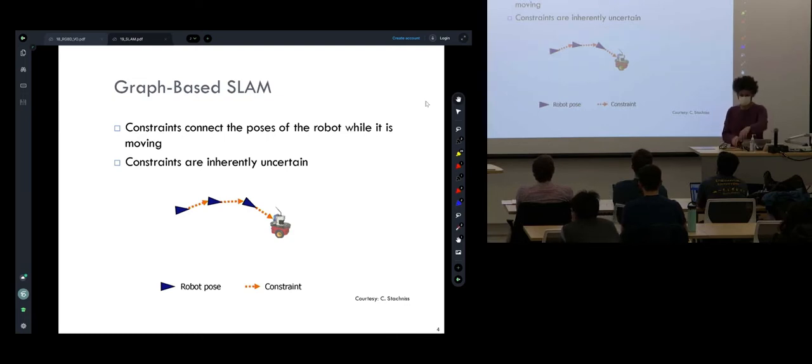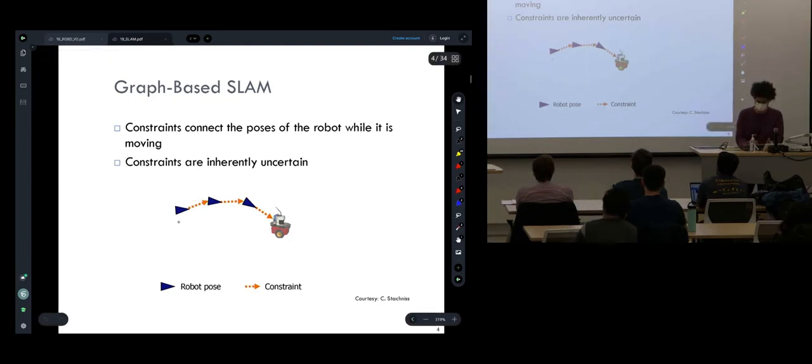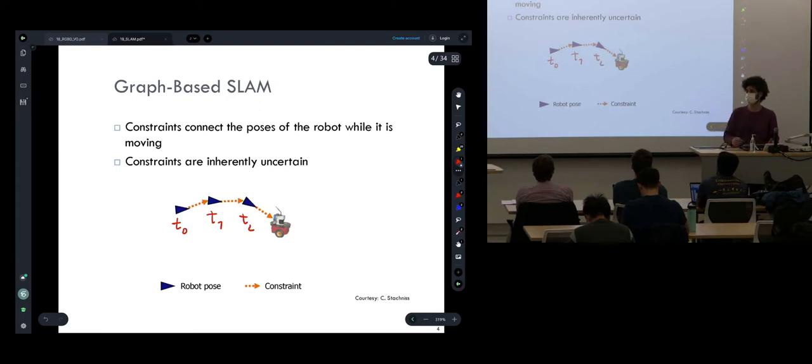And this way of tracking the robot pose will give us, of course, a discrete time trajectory of the robot. For example, you can call these your nodes at time t0, t1, t2, and so on. So this will be a trajectory.